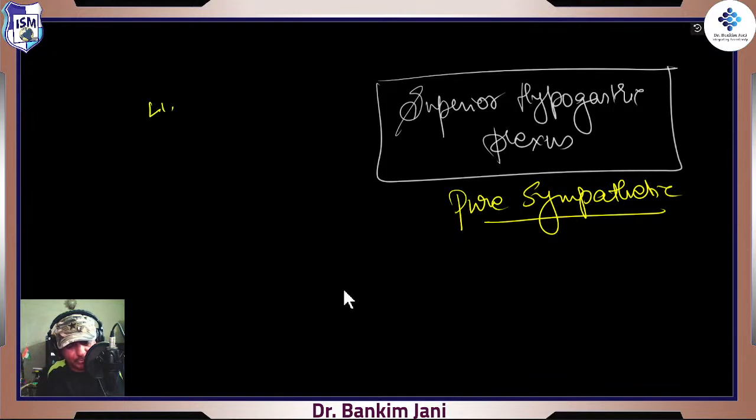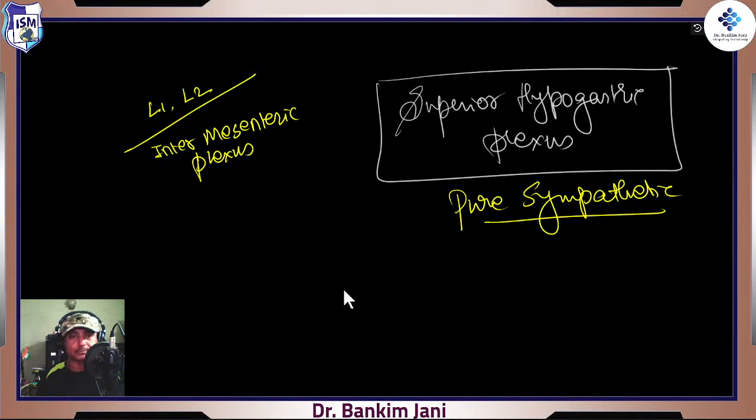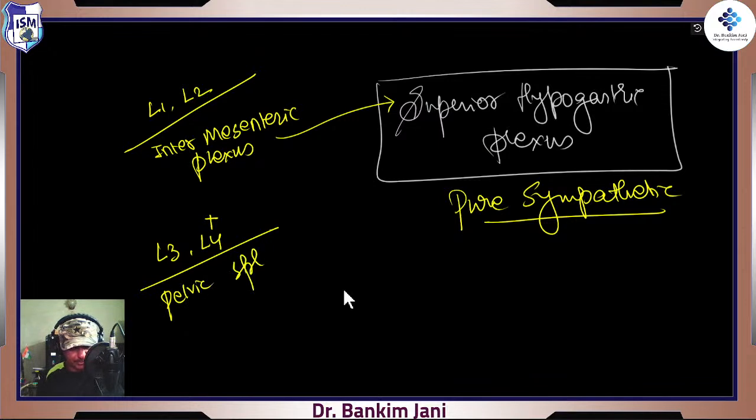So we have L1, L2, and they are what is called the intermesenteric plexus. Intermesenteric plexus. They feed, right? Plus L3, L4, and that is pelvic splanchnic; they feed the superior hypogastric.